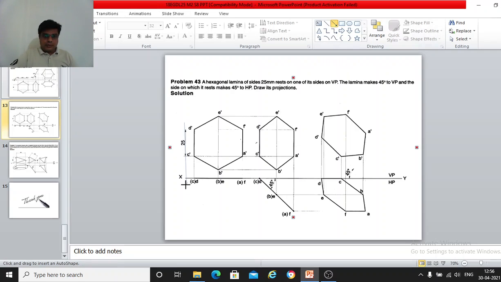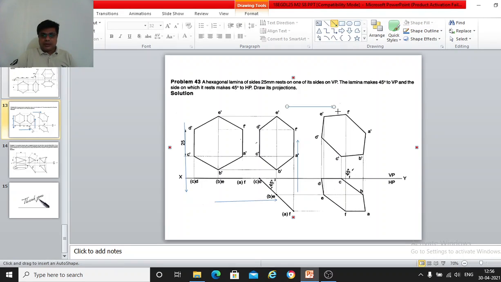First you should draw the front view. From that front view you will get the top view here. From this top view you will get the second top view. From this second top view you have to get the second front view, and from this second front view you will get the third front view.